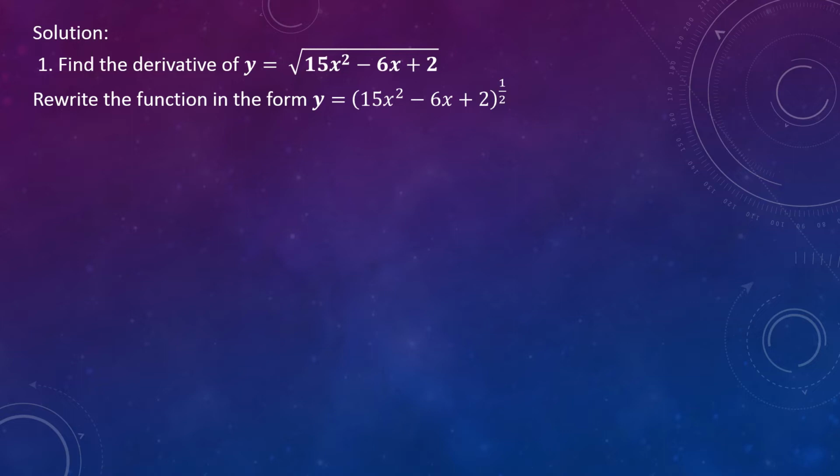Y is equal to the quantity of 15x squared minus 6x plus 2 raised to the power of 1 half, because that is the index of the square root symbol. So we have 1 half.